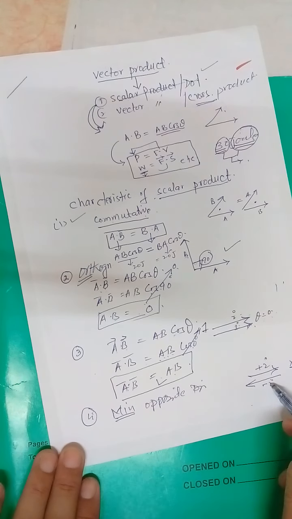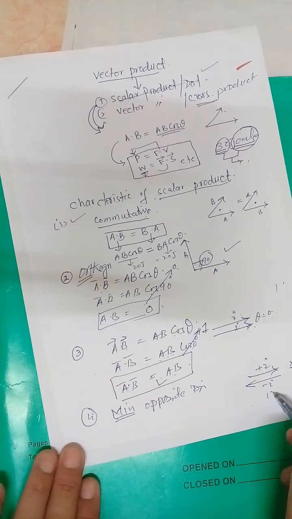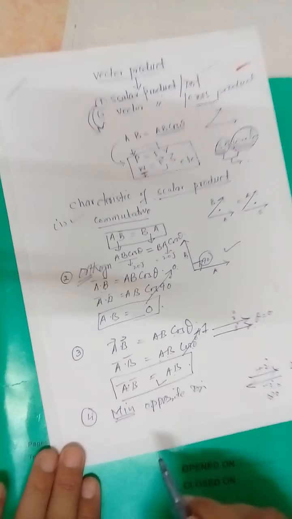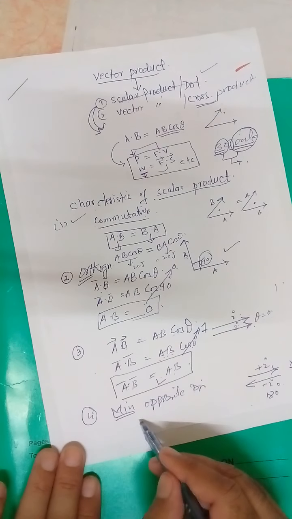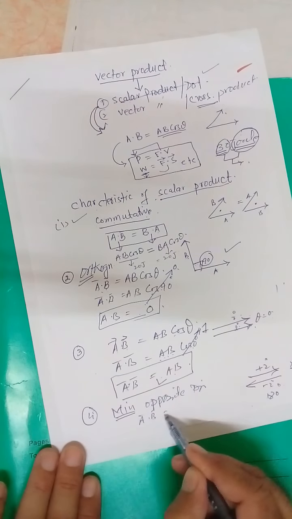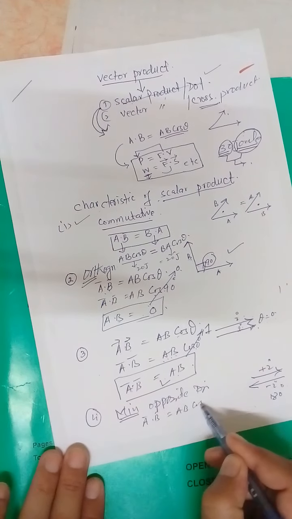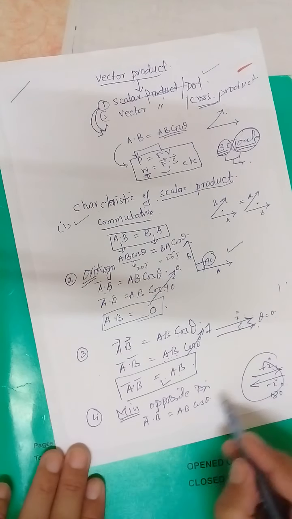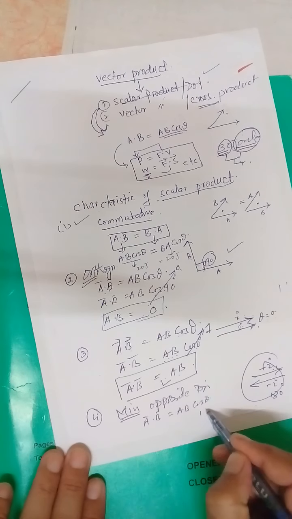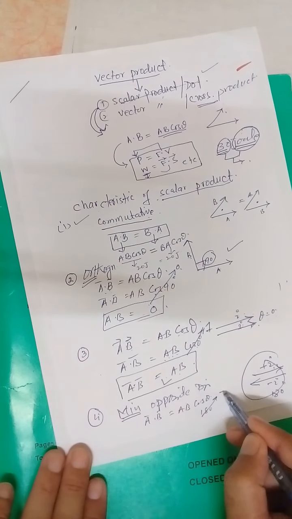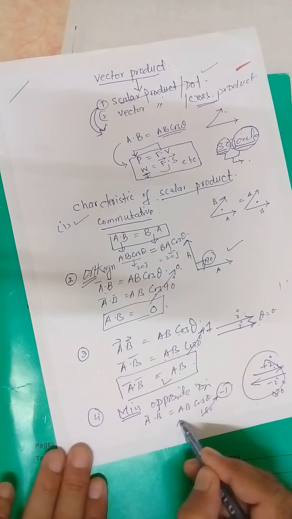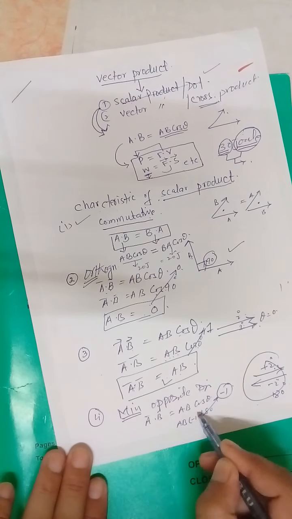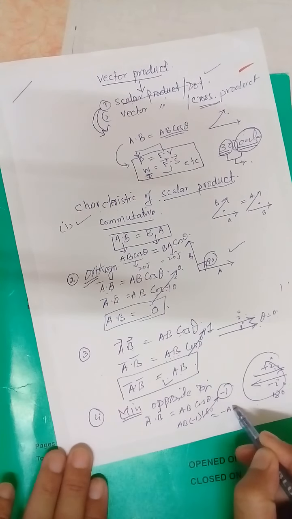It means i and minus i have an angle of 180. So A dot B is equal to AB cos theta. When two vectors are opposite, their angle will be 180, and cos 180 is equal to -1. So we can write AB multiplied by -1 is equal to minus AB.